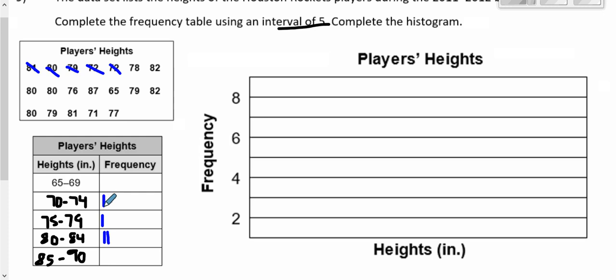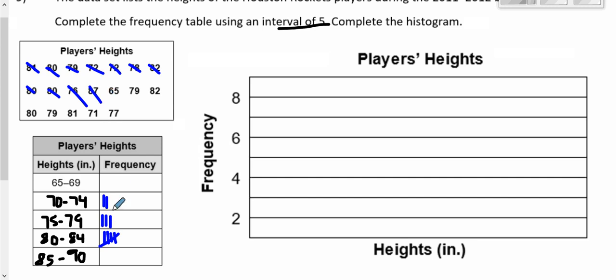So we have 1, 2 for 72. A 78, which goes in here. An 82, between 80 and 84. We have 2 80s, so I'm going to do those two again together. 1, 2. A 76.